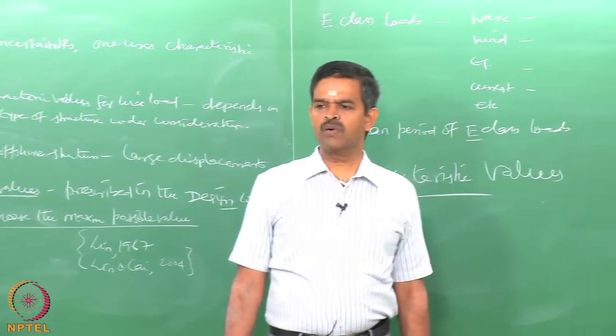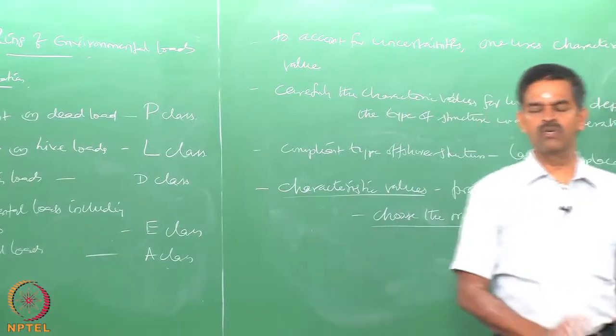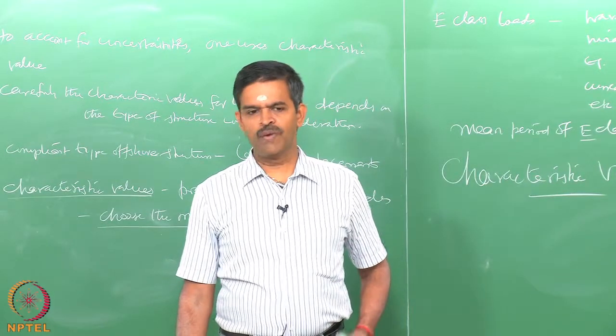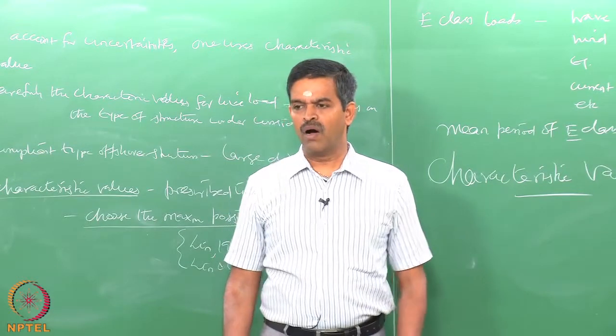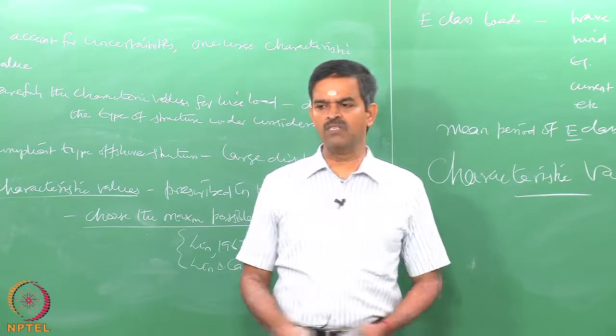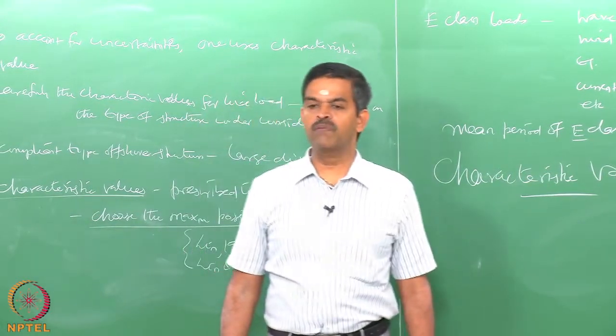Ladies and gentlemen, it is important for us to know that environmental loads or these class of loads are one of the important inputs which is going to cause failure to my system. So, if I am not able to estimate the input loads in a proper manner or I am not able to account the uncertainties associated with these loads, my estimated probability of failure of the system may not be accurate.